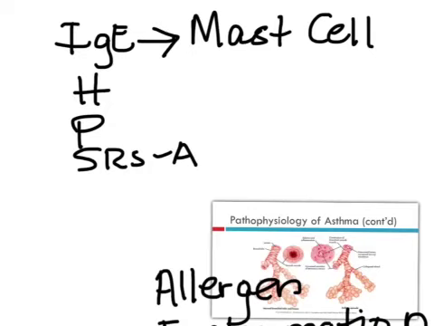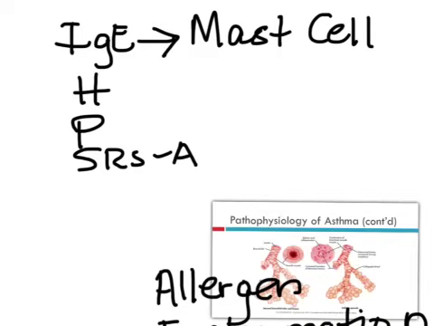The slow reacting substance of anaphylaxis, also known as SRSA, attaches to the receptor site in the small bronchi, causing swelling of the smooth muscle. On top of that, the SRSA causes the prostaglandins to travel to the lungs, where they enhance the histamine effect.